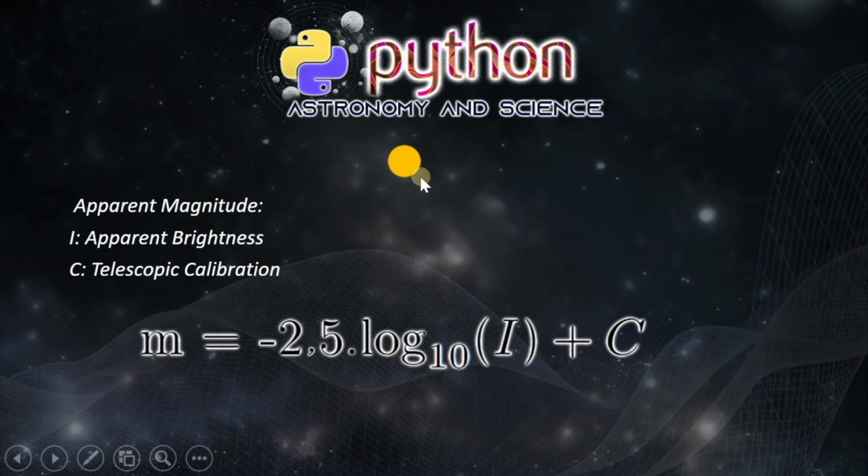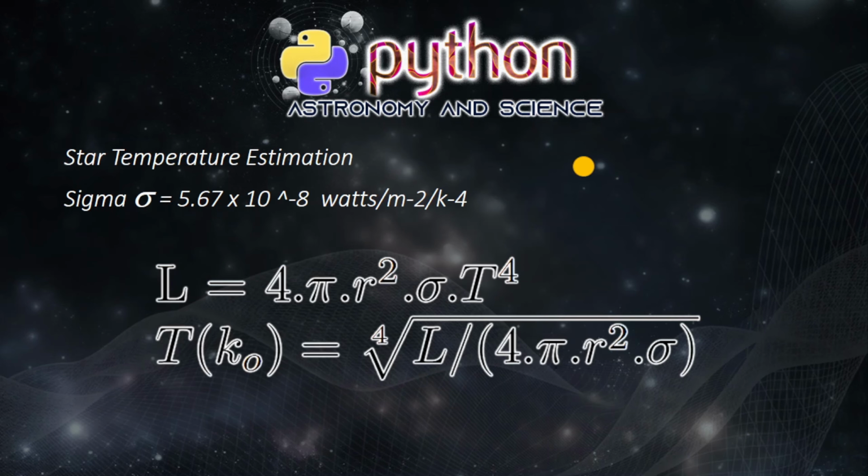Apparent magnitude, you can get it from the apparent brightness. You can get the apparent magnitude, which is m, from the apparent brightness, which is I in this equation. So m equals minus 2.5 log base 10 of I plus c. Finally, we can calculate the star temperature by estimation, of course, using the formula luminosity equals 4 pi r squared, r being the radius of the star disk, times sigma, which is, by the way, the Stefan-Boltzmann constant, times T to the power 4, T being the temperature of the surface of the star.